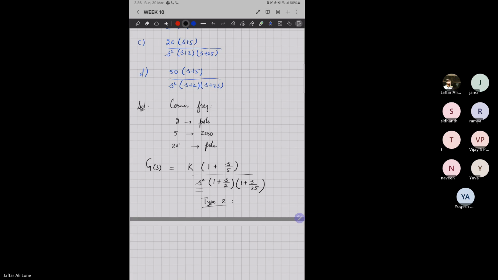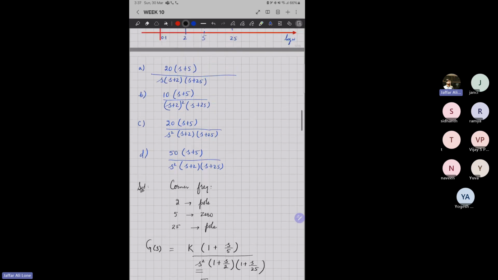Anybody? Okay, Ramya has said D option. What is D option? This. Anybody else got D option?